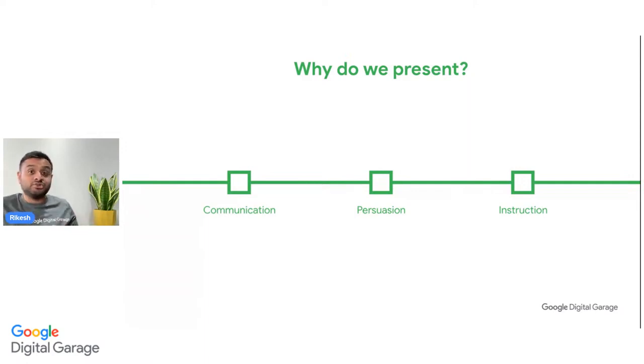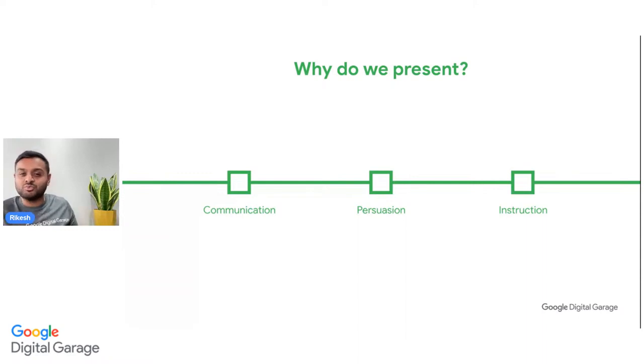We present to persuade our audience, or, if you think about it in sales terms, persuade our potential customers to buy from us. Or it could be an instruction. That could be a sales advert, for example, where you are instructing somebody to go ahead and buy your product, or instructing a donor to go ahead and donate to a particular research project, for example, that you've got for your organization.